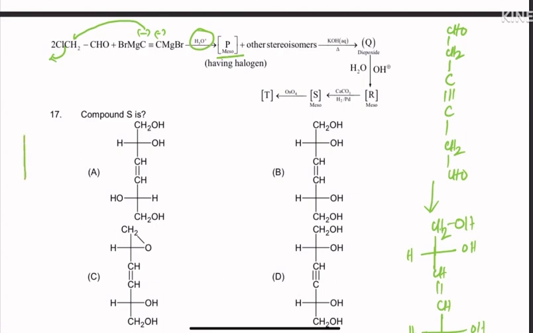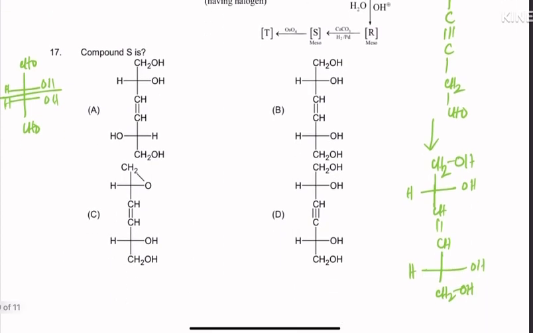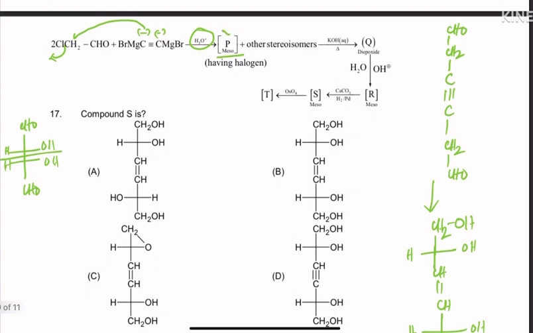Meso compounds we know always, if in CH or any group there is HOH, HOH group, CHO group, and it is passed through a sigma plane, that means that molecule is a meso molecule. So after reduction, P is meso, it's mentioned P is meso.